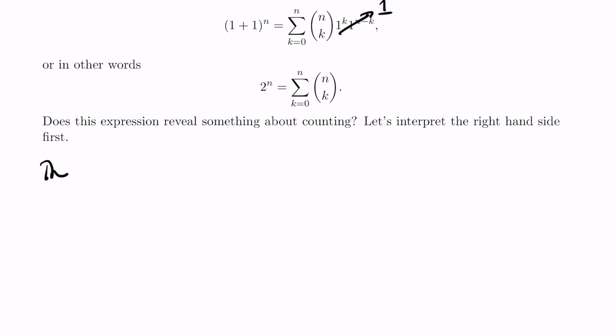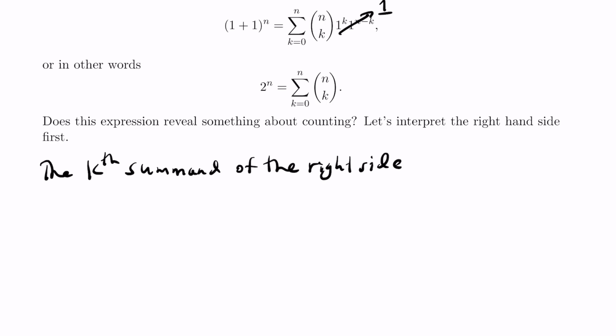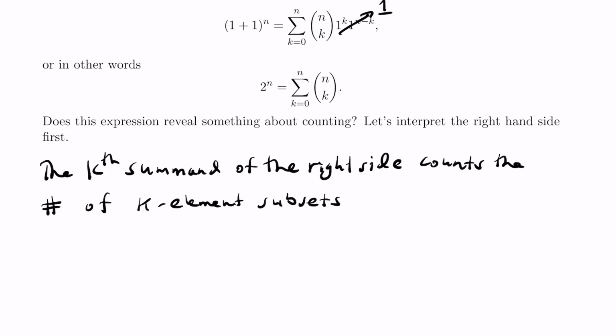So the kth summand of the right side counts the number, that's short form for number, the pound sign, of k element subsets of an n element set. So I'll pick a particular n element set, the set 1, 2, up to n.